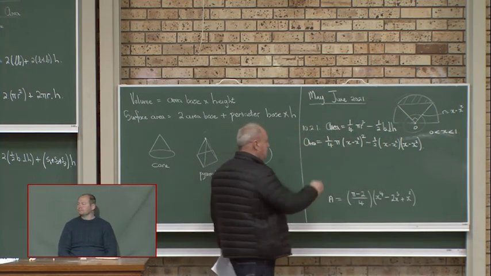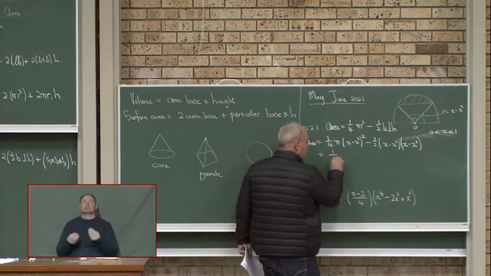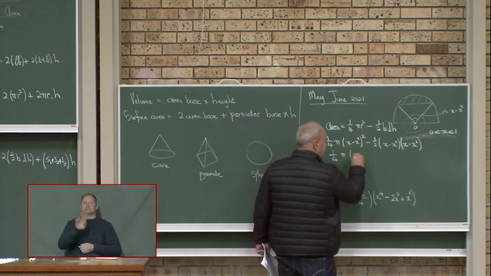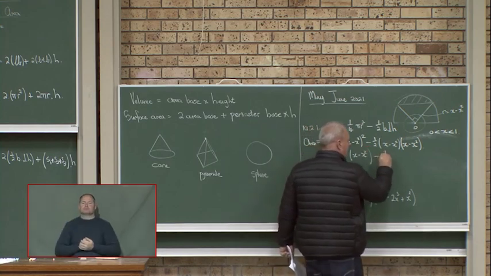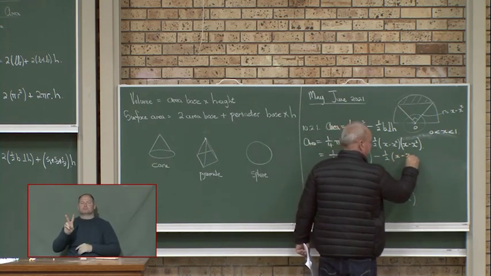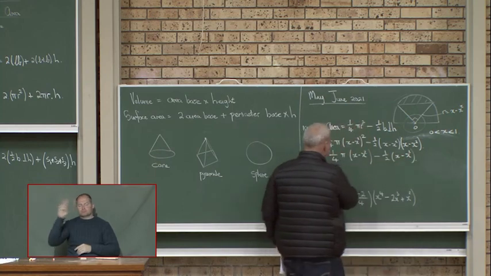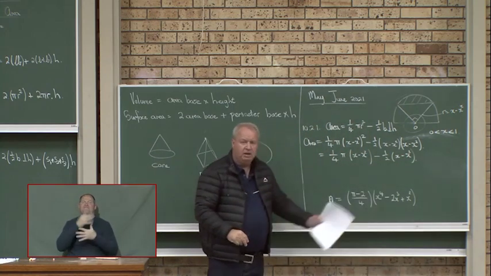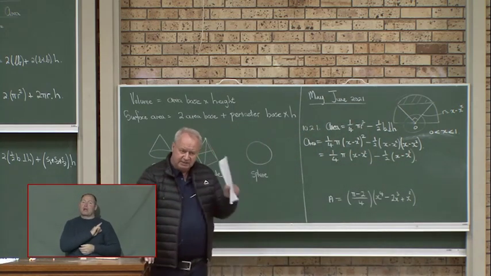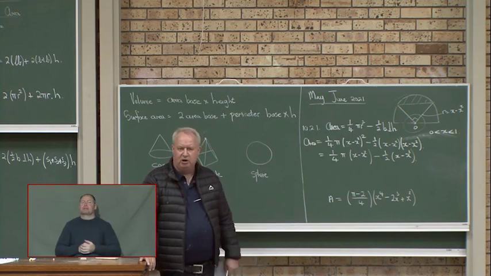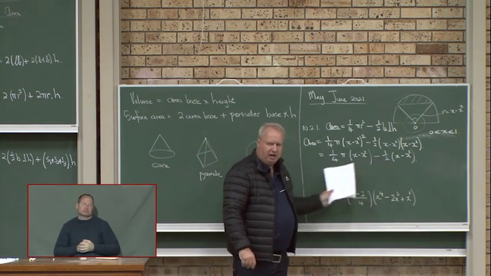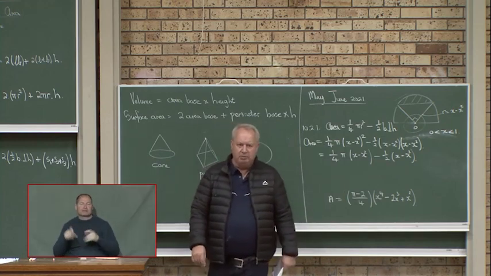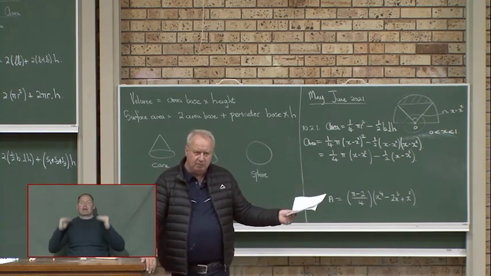Now, what have we got? This here now is a quarter pi, and this here is x minus x squared, all squared, minus a half bracket x minus x squared, all squared. Now, people, we're going to factorize because the answer is in terms of factors. Something times something is a factor of the expression. So in this case, if we need to factorize, we start off with the highest common factor. Is there a highest common factor?